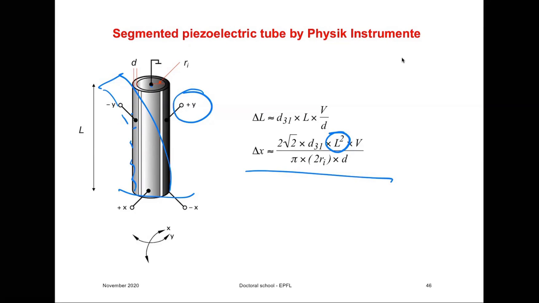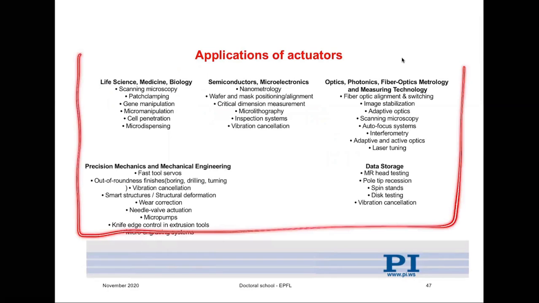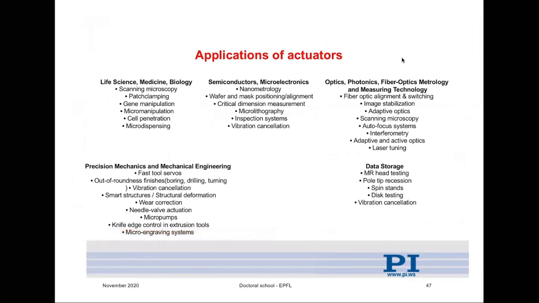So that's one of the big successes of these piezoelectric actuators, and there are many, many others. The market of piezoelectric actuators nowadays is several billions of dollars per year, and they are used anywhere in precision mechanics, life sciences, semiconductors, microelectronics, optics, in data storage, and so on.